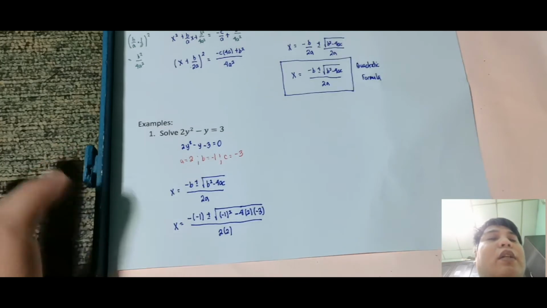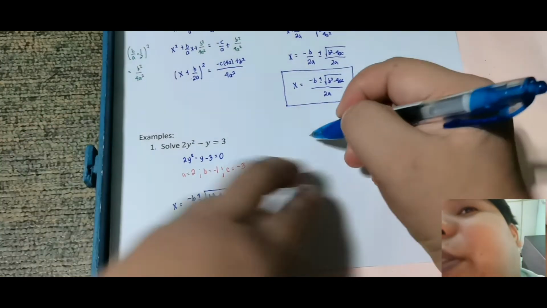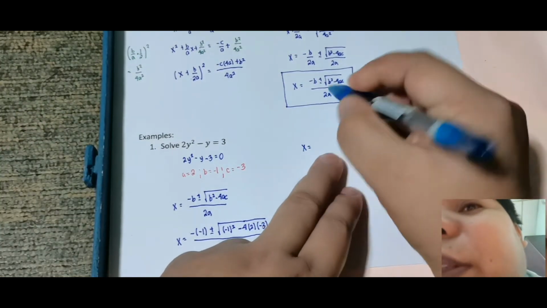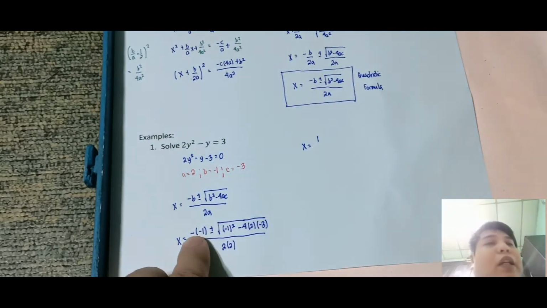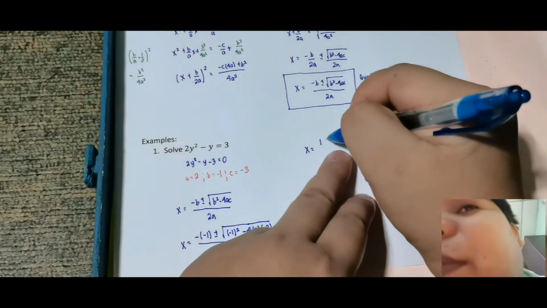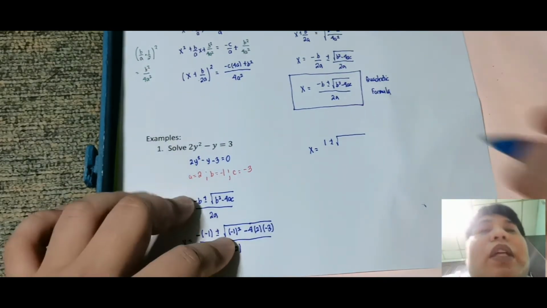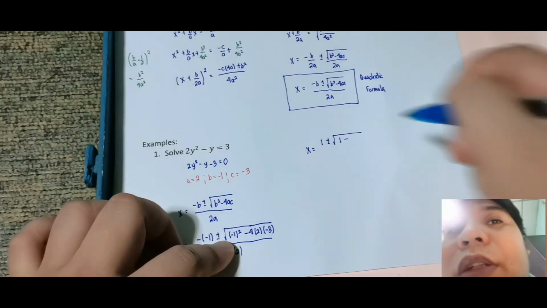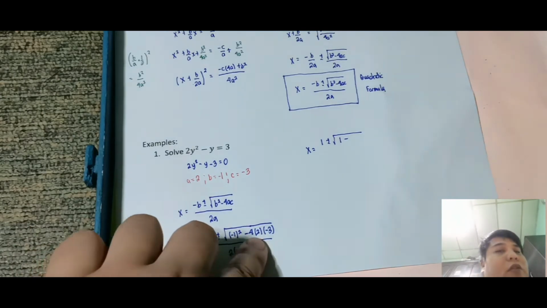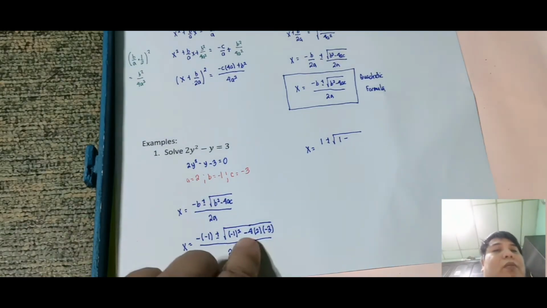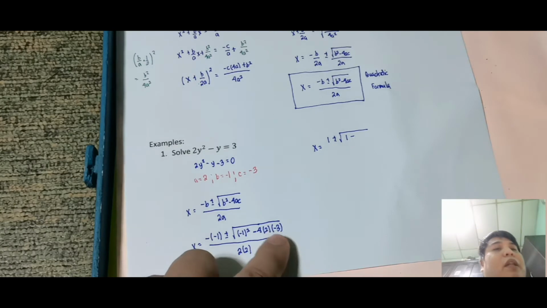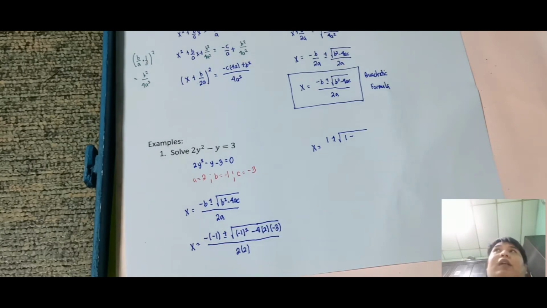Okay, next is simplify further. So, x is equal to positive 1 na lang, tama, negative of negative 1 is positive 1, plus or minus square root ng 1, negative 1 squared is 1 na lang, minus 4 times 2 times negative 3. So, 4 times 2 is 8, 8 times negative 3 is negative 24.